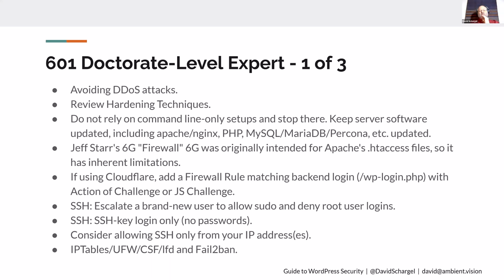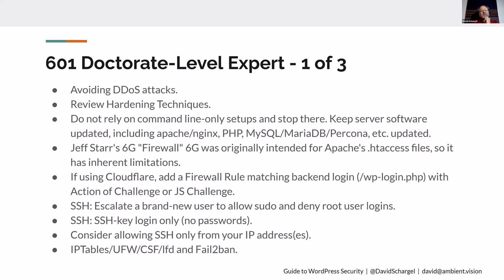From a firewall standpoint, there are firewalls that you can place at your VPS level on your server that don't necessarily have to be the things intended for HT access for Apache specifically. So this famous 6G firewall that's out there now, 7G, there was even 5G for a while, has a little bit of limitations for implementation.